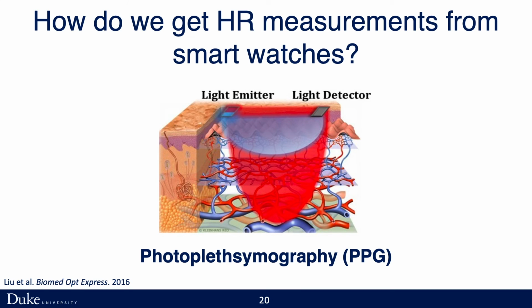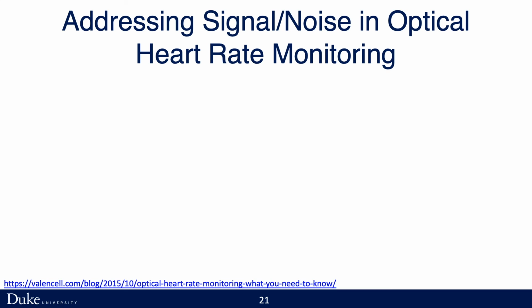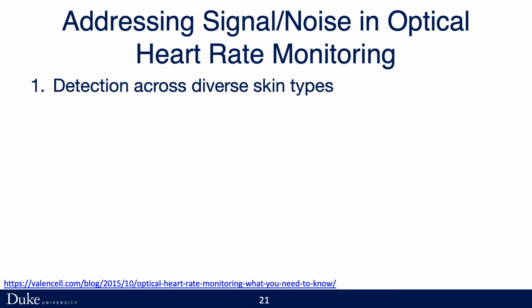And so in my lab, what we're doing is looking at a variety of different topics that can relate to getting artifacts or a decrease in the signal-to-noise ratio in optical heart rate monitoring, which is that PPG heart rate monitoring. So one of the areas that we've worked pretty closely in is the detection across diverse skin types.